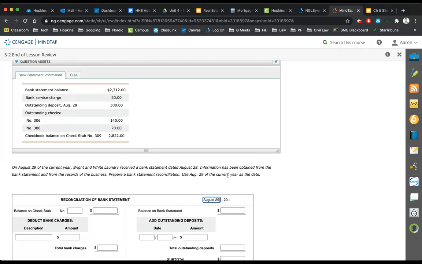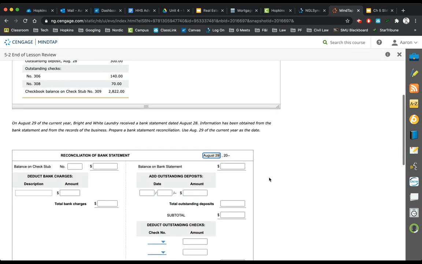Use August 29th of the current year as the date, sorry. So write the date, August 29th, to the check book balance on check stub number 309. So we have check stub number 309 with the balance being 2,822 there.